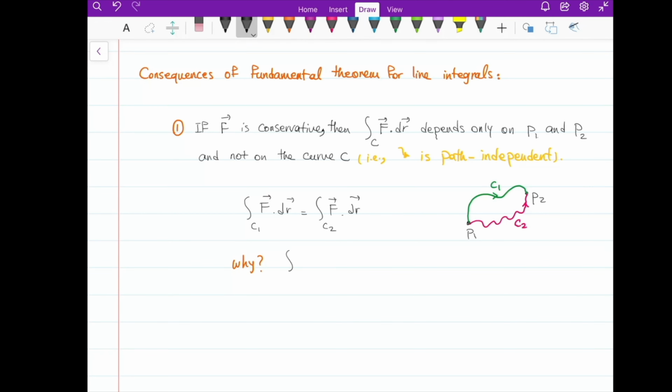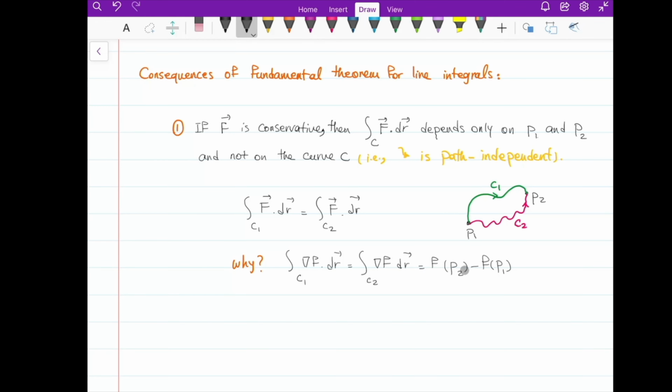It's just because f is conservative, the vector field f is conservative, that's why we have the integral of the gradient of some function dr over C1, and this is actually the integral of f dr over C2, because the integral of the gradient is just the potential function at P2 minus the potential function at P1, the difference between these two.